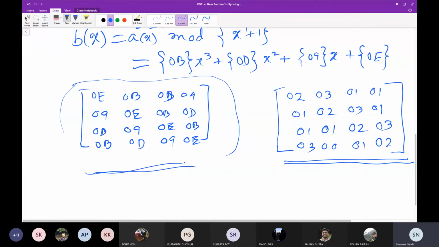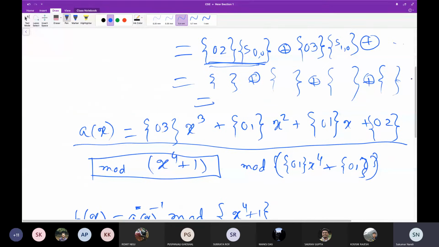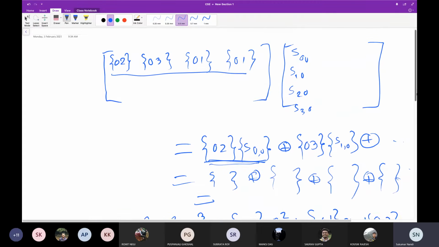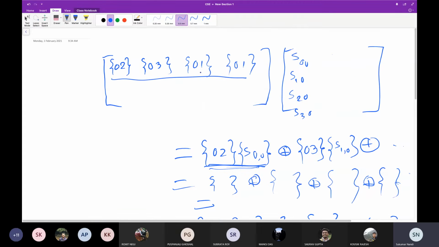This is for the inverse. Now, if you look into this, multiplying by 02 means only a 1 shift and modulo GF(2^8), that is 1 shift plus 8. And 01 is nothing, so it stays as it is.